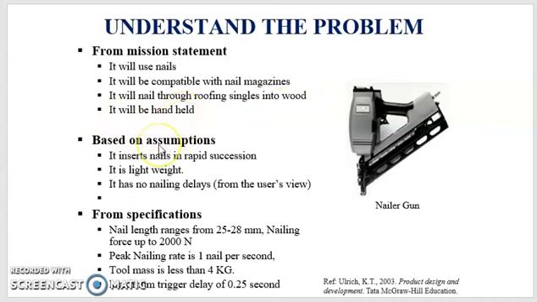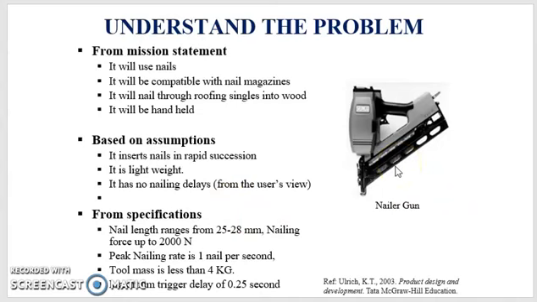Based on these assumptions, the team then can identify the customer needs for a handheld nailer. These needs can be: it inserts nails in rapid succession, it should be light in weight, it has no nailing delays. From the user view, the team gathered supplement information to clarify and quantify such needs, such as the approximate energy and the speed of the nailing.